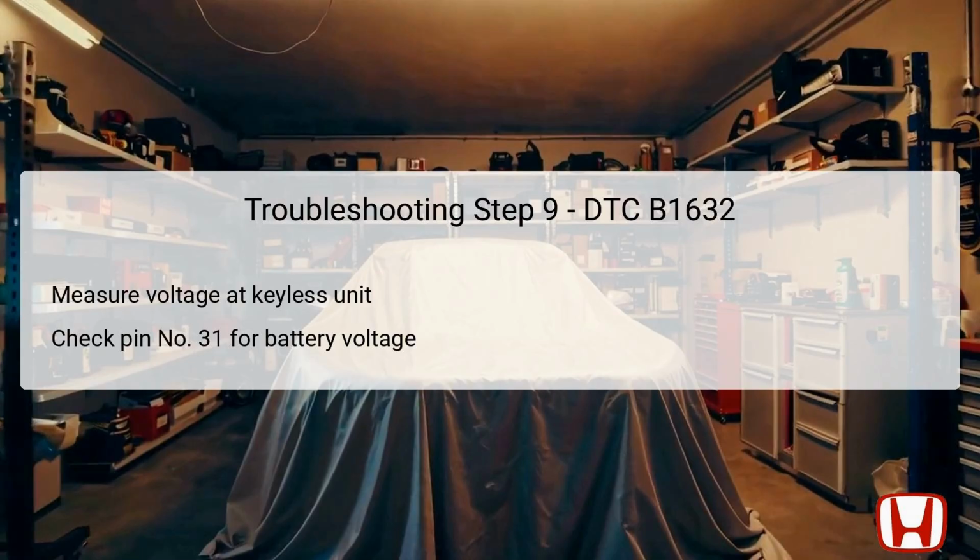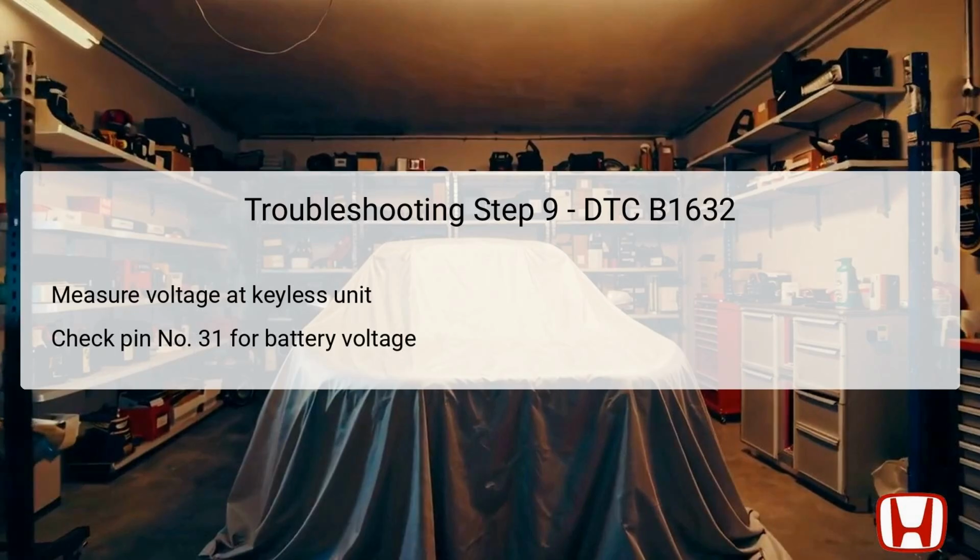For this step, you will measure the voltage at the keyless access control unit using connector B, paying special attention to pin number 31. Similar to previous tests, you will check the voltage between body ground and this terminal. The presence of battery voltage reinforces that the keyless access control unit is receiving power correctly.